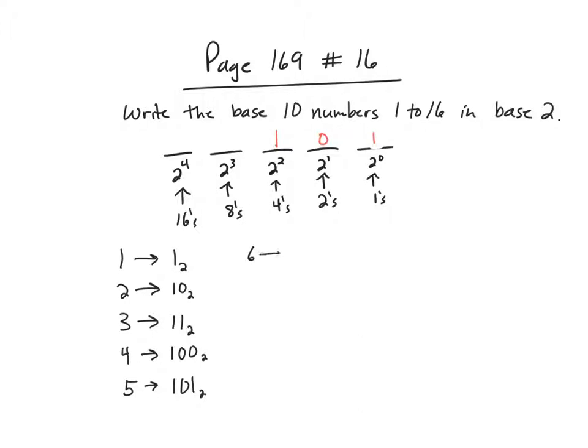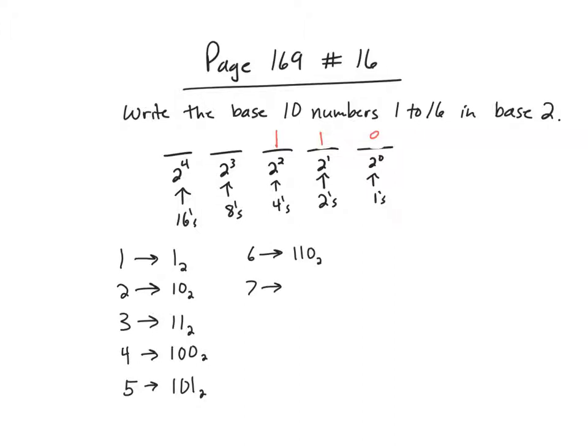The number 6, I'm going to need to add one more. I still need a 4, but then I can complete my answer if I add to it a 2, and this becomes 0. So that's going to give me 1 1 0 base 2.